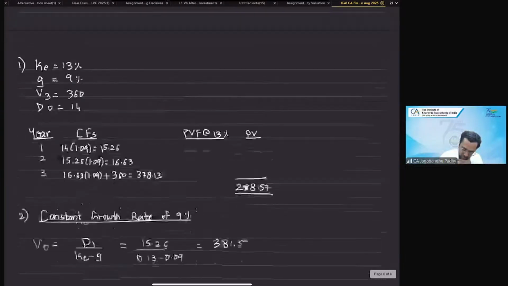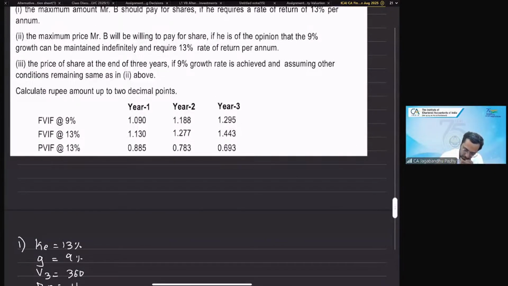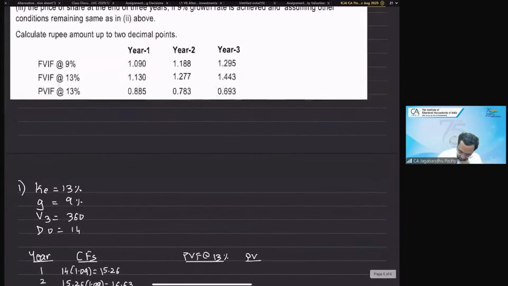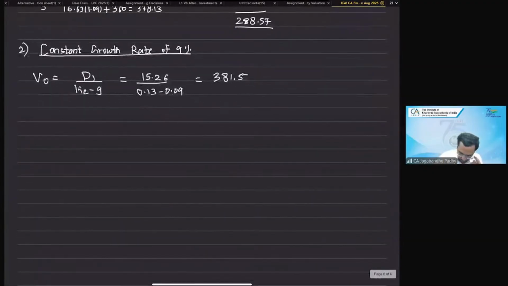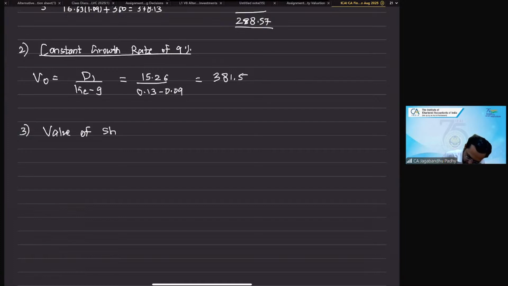Then it further says, what will be the price of the share at the end of 3 years if 9% growth rate is achieved and assuming all other factors remain the same? So what is the value of the share in year 3?